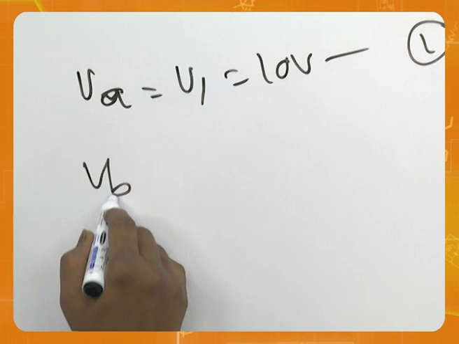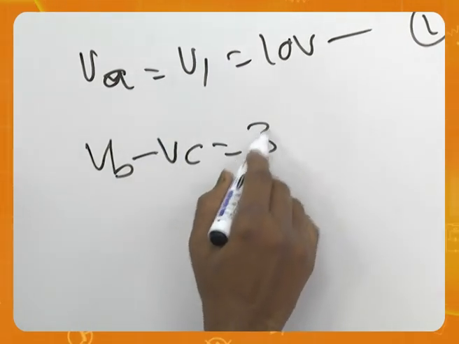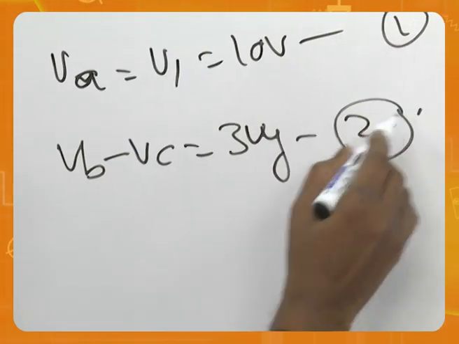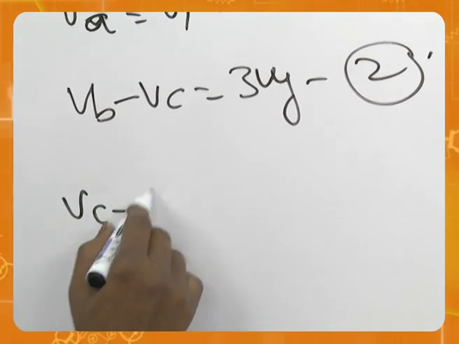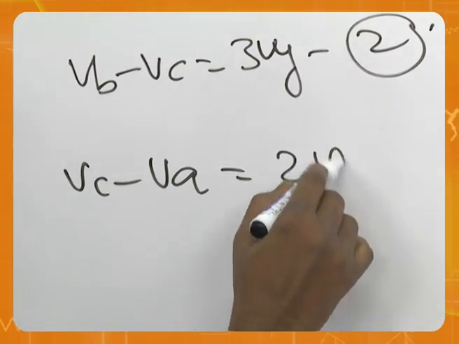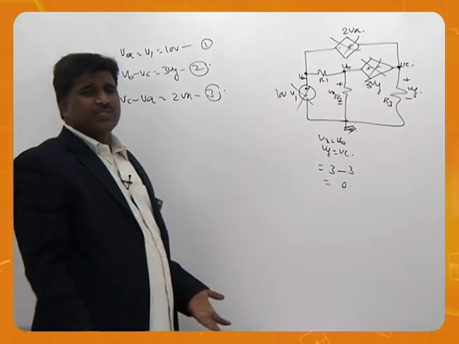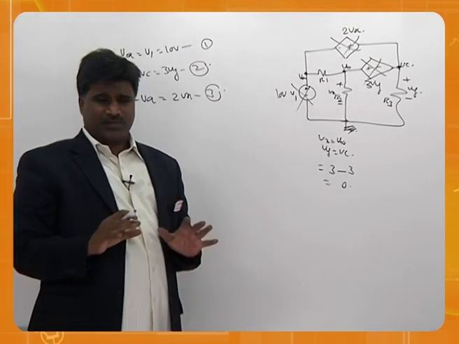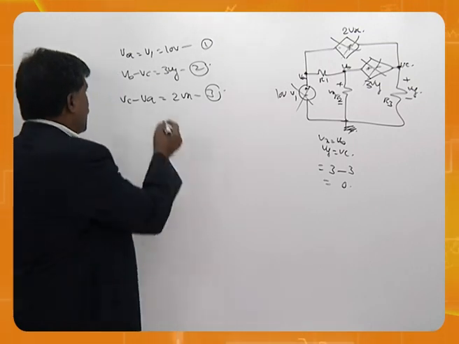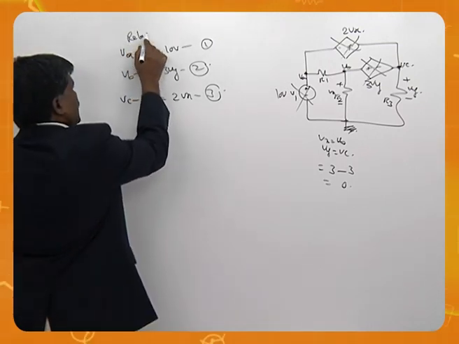Secondly, VB minus VC is 3Vy. Thirdly, VC minus VA is 2Vx. That's all. So, three equations, there are no equations as such, all are relations.